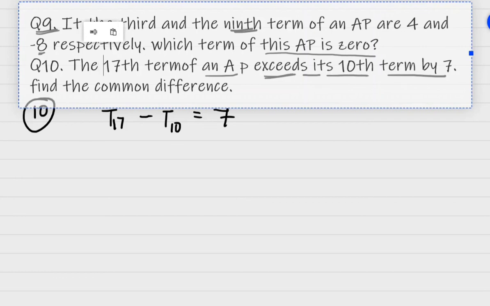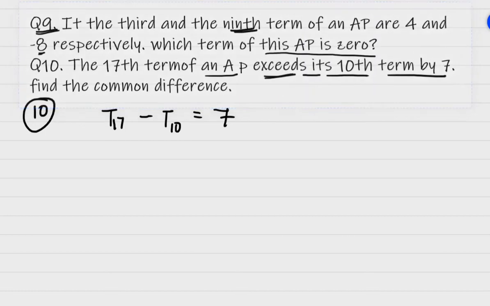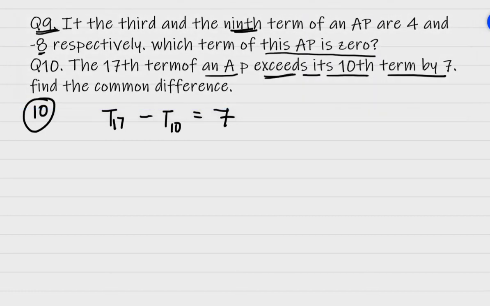The 17th term of an AP exceeds its 10th term by 7. Find the common difference. Now see, the 17th term is greater by 7 from its 10th term. So the difference between the 17th term and the 10th term is 7.